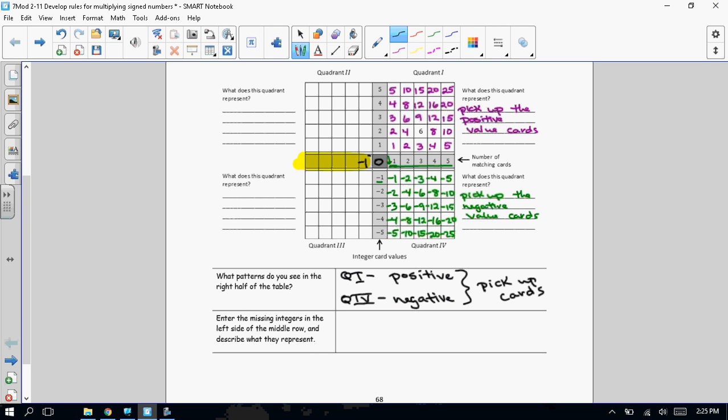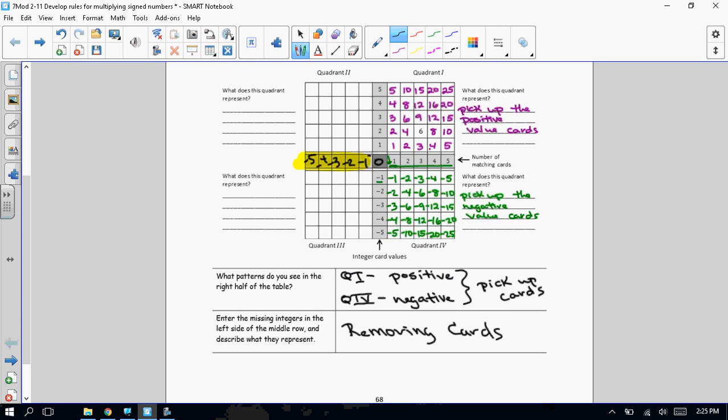So -1, -2, -3, -4, and -5. This represents removing cards. That's going to represent removing cards.